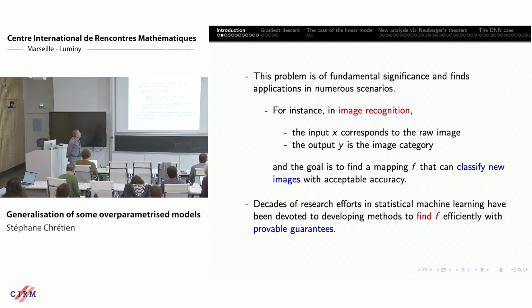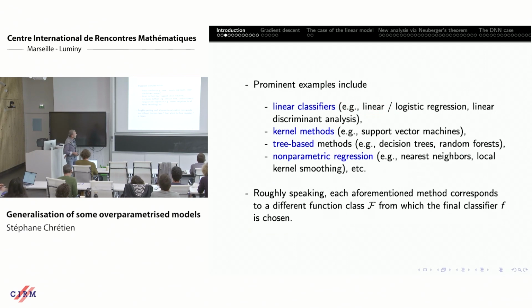Of course, there's been decades of research efforts in statistical machine learning to try and develop methods to find this kind of estimator efficiently and prove statistical guarantees about them. So what exists, of course, is already very useful from linear kernel methods, tree-based methods, non-parametric regression.